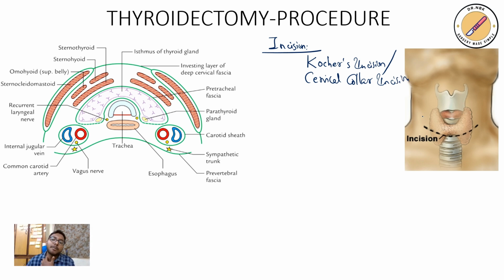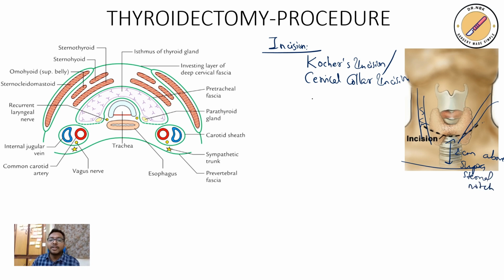You will start at the posterior border of one sternocleidomastoid muscle till the posterior border of the opposite side sternocleidomastoid muscle. This is the classical Kocher's incision. You will make the incision 2 centimeter above the suprasternal notch.